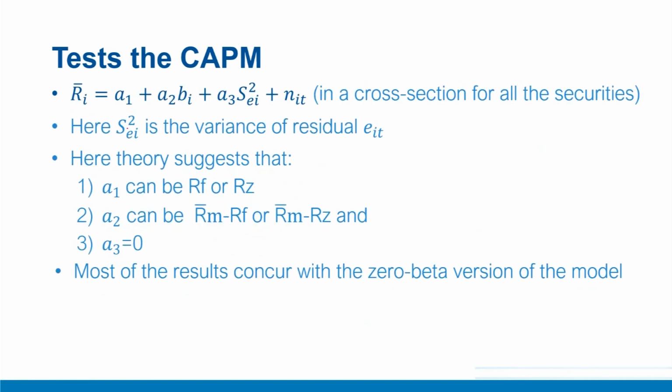Now, when this cross-sectional model was estimated, where sigma_ei squared is the variance of residual term e_it, theory indicates that this term alpha 1 or A1, if we were to believe in the standard or zero beta version of CAPM, can be R_F or R_Z, corresponding to the standard version or zero beta version. Similarly, A2 can be either R_M minus R_F or R_M minus R_Z. Bar represents the expected values.